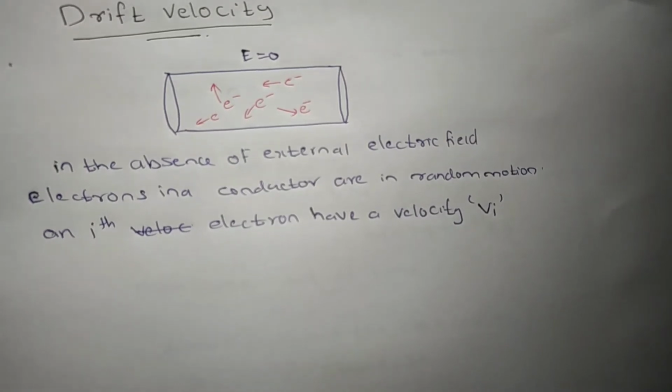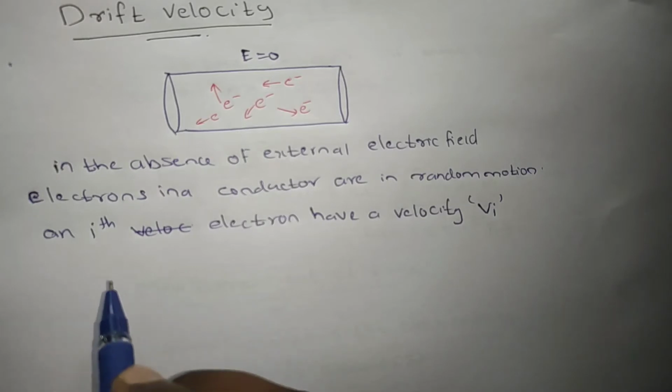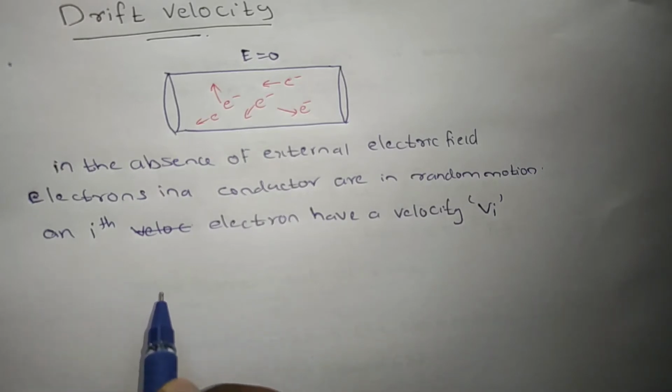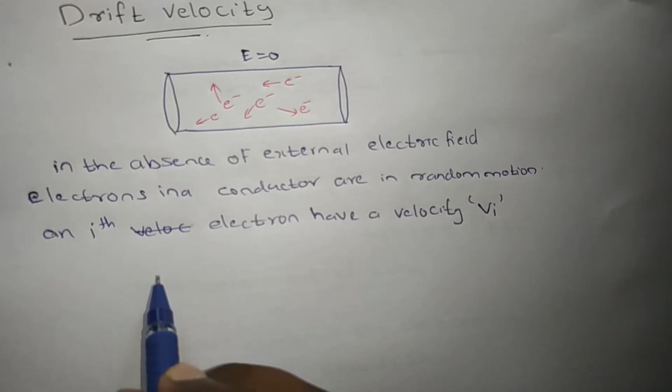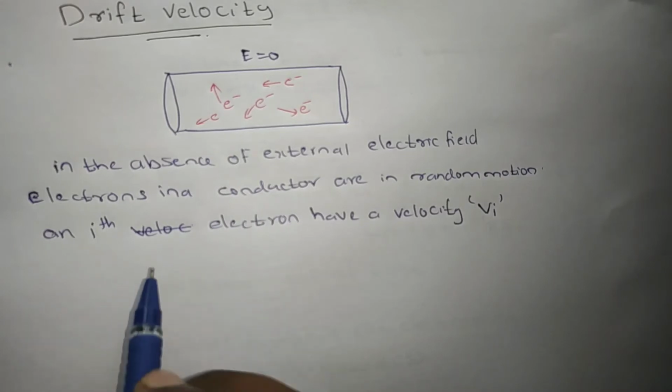If I take the average velocity of all the electrons, how can I take it? Average means the sum of all the velocities divided by the total number. Consider that there are capital N electrons in total in the conductor.